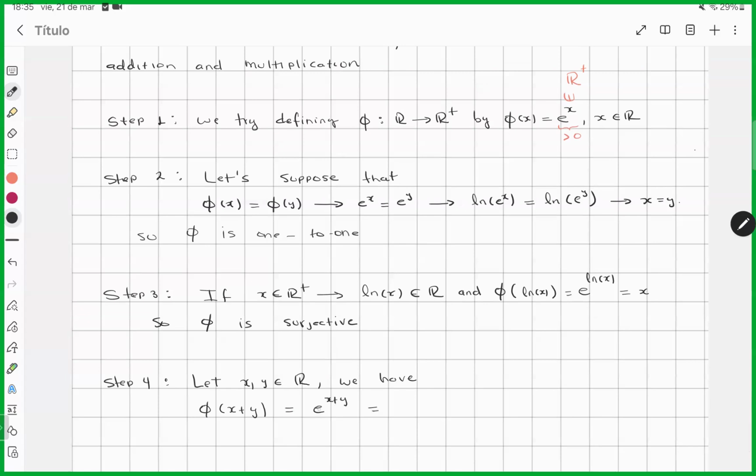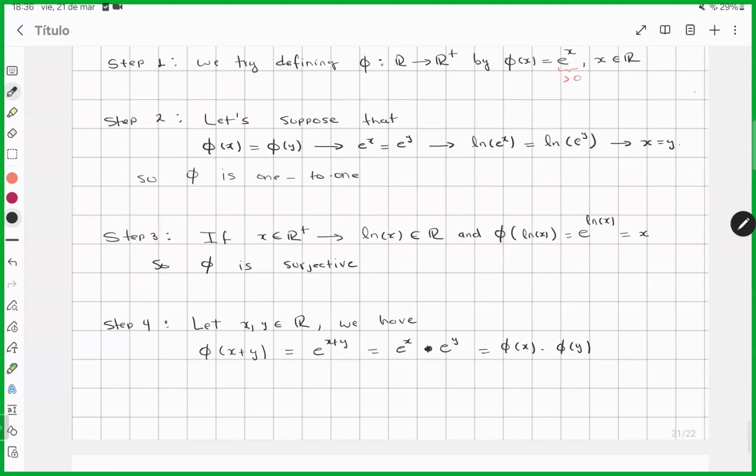And by properties of exponent, this is e to the x multiplied by e to the y. And by definition, this is phi of x multiplied by phi of y. So by steps 1, 2, 3, and 4, we conclude that phi is indeed an isomorphism.